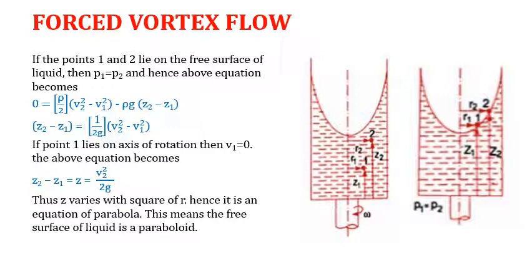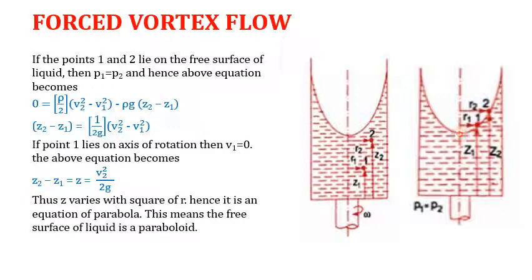So z2 minus z1 is actually the elevation change between the 2 points. So it could be equated equal to z, and if we take the first point on the vertical axis, like over here, when it is on the vertical axis, radius is 0, so velocity is also 0, since v is equal to r omega.